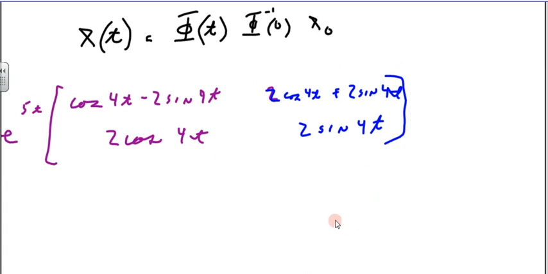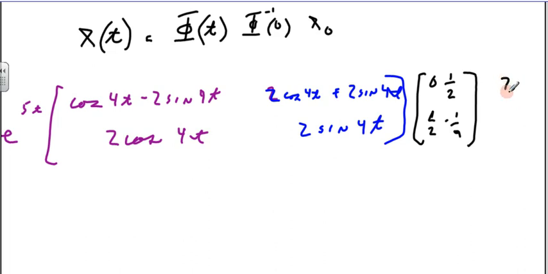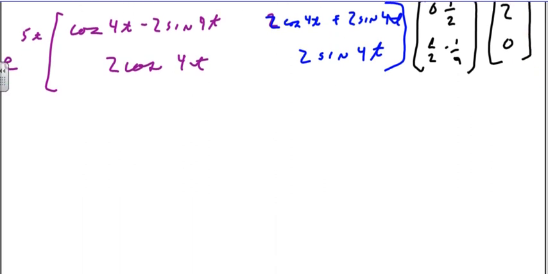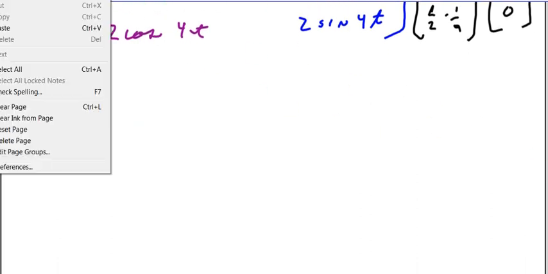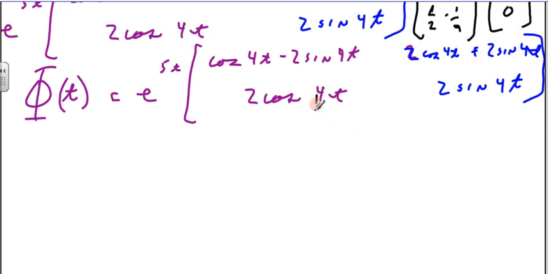Okay. Now I need my iota inverse at 0, which is 0, 1/2, 1/2 minus 1/4, and then I need my x of 0, which is 2, 0, 2, 0. Okay, so we'll do another edit paste because I want my iota guy back again. Thank you very much.